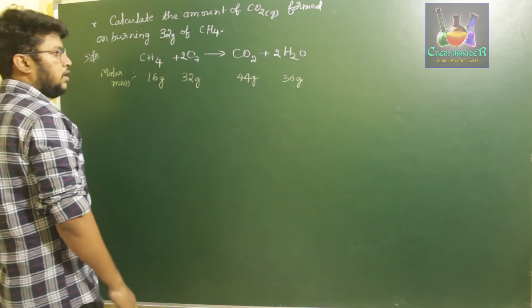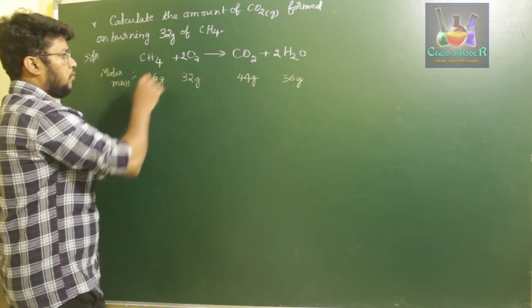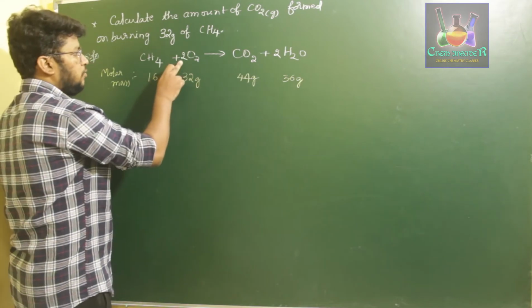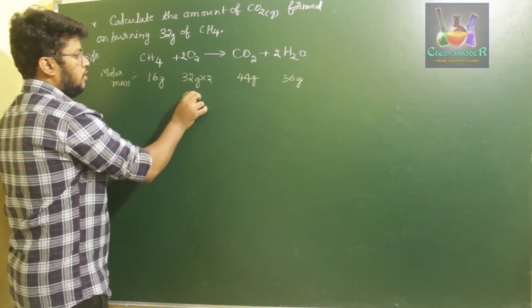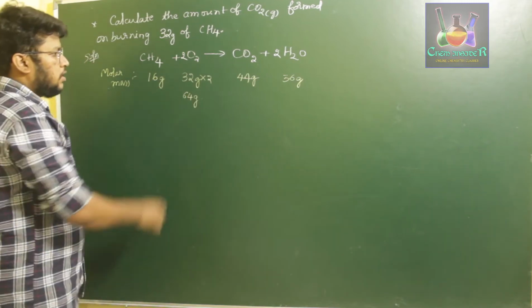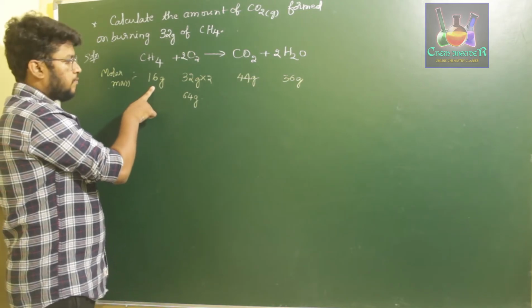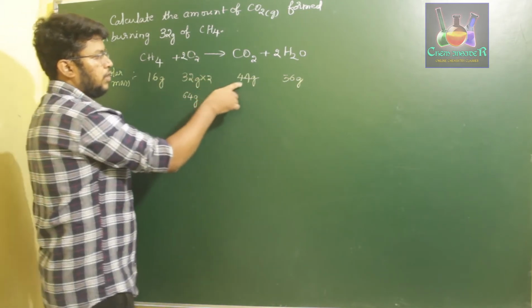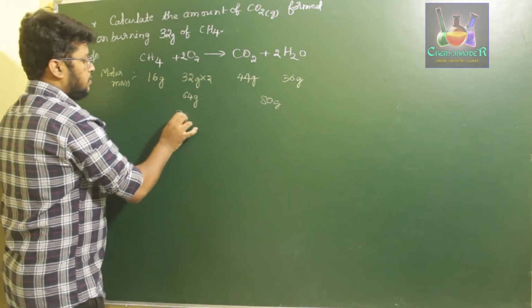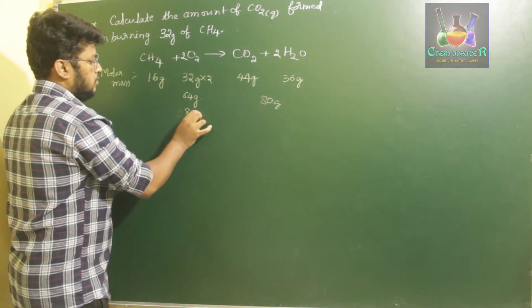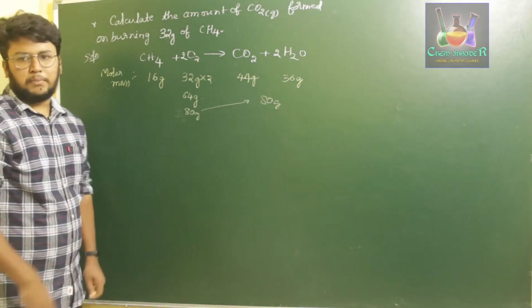So if you observe over here, we have a balanced equation. We have 2 moles of oxygen, so multiply 32 by 2, we get 64. So we have 16 plus 64, that is 80, and 44 plus 36, that is 80 grams. So we are using 80 grams of reactant to get 80 grams of product. So the reaction is now completely balanced.